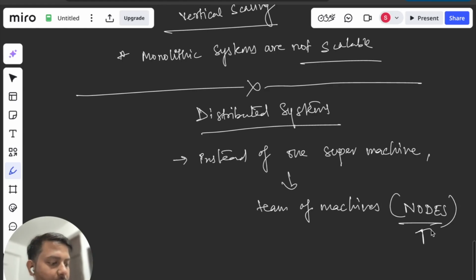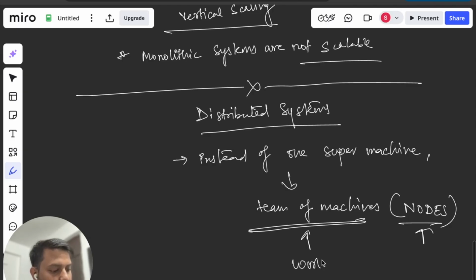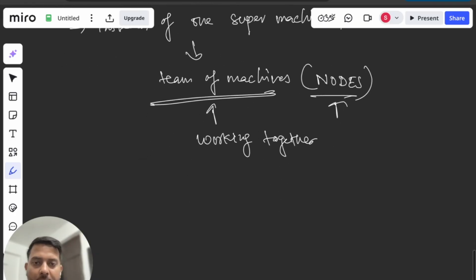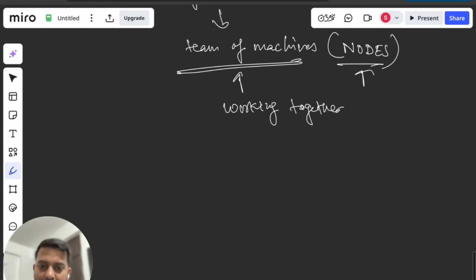In technical terms we call them nodes. And this whole team of nodes is working together.